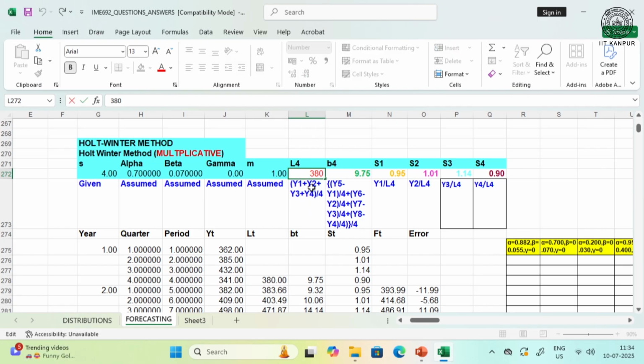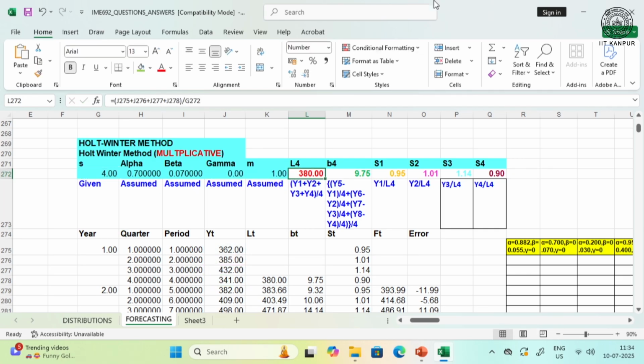Basically this should be, if you remember, Y1 plus Y2 plus Y3 plus Y4, divided by S, so this would be the seasonality concept. I can keep changing S. If S is 6, it will change accordingly, but you have to take 6 such values.